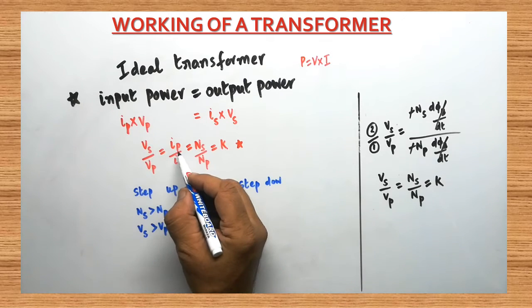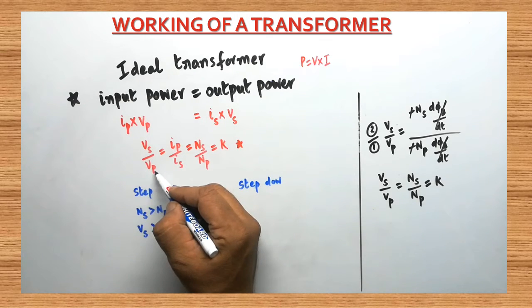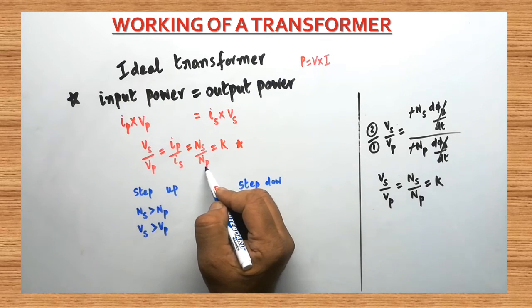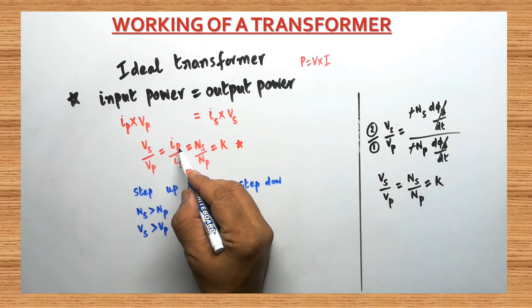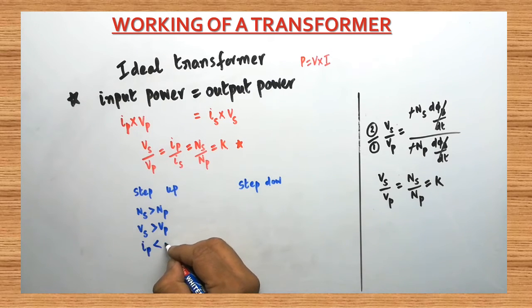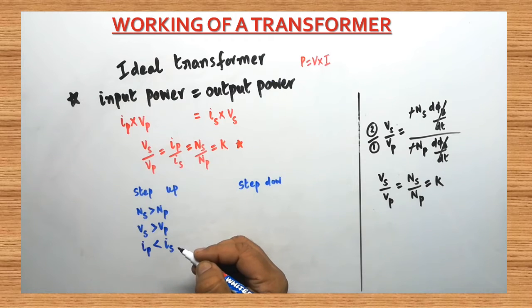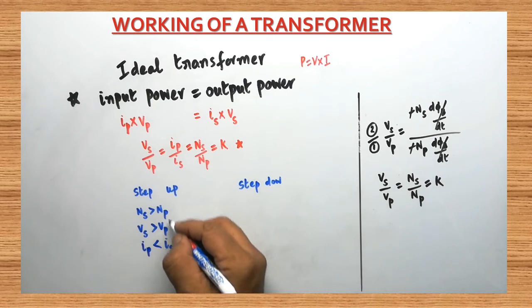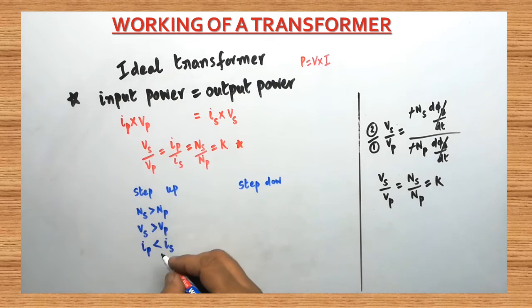Look at the equation. Here Vs by Vp is there. Here Ns by Np is there. But here, in a contradictory form, the current formula is there. So definitely Ip, the current passing through the primary, will be lesser than the current passing through the secondary. Are you clear? So these are all the things that will happen in the case of a step up transformer.